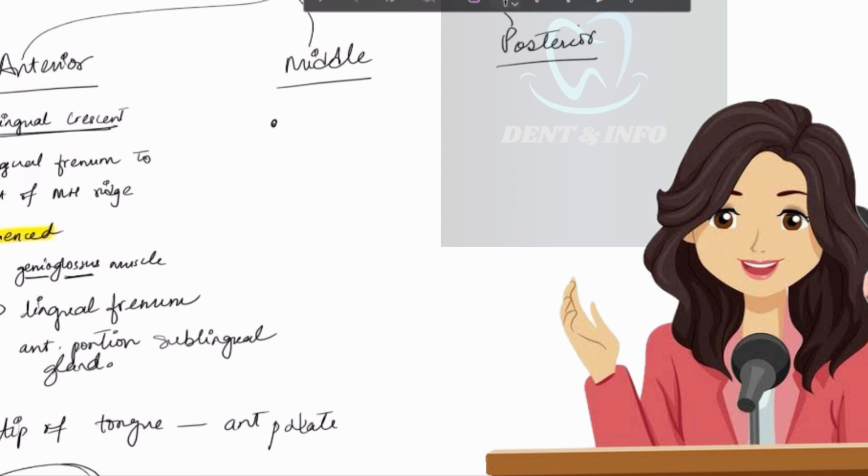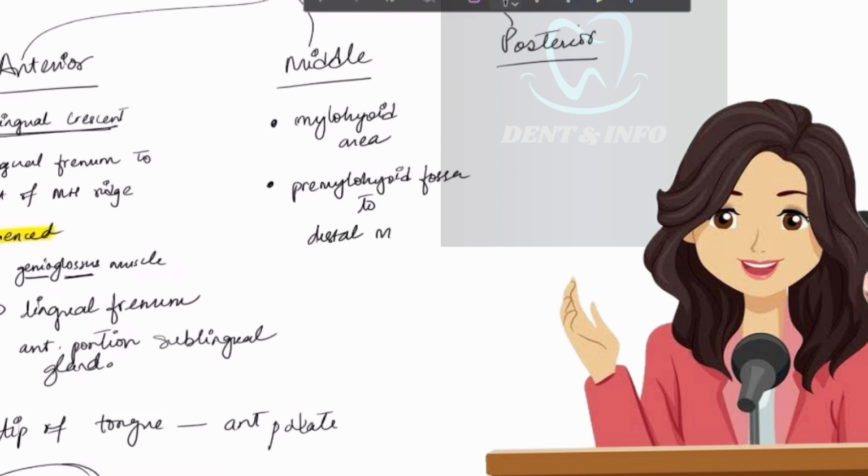Talking about the middle part of the alveolingual sulcus, that is called the mylohyoid area, because it is the area where the mylohyoid muscle is located. So it extends from the pre-mylohyoid fossa, goes to the distal end of the mylohyoid ridge, right?